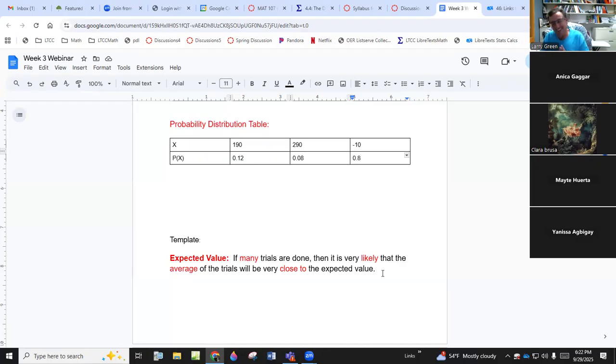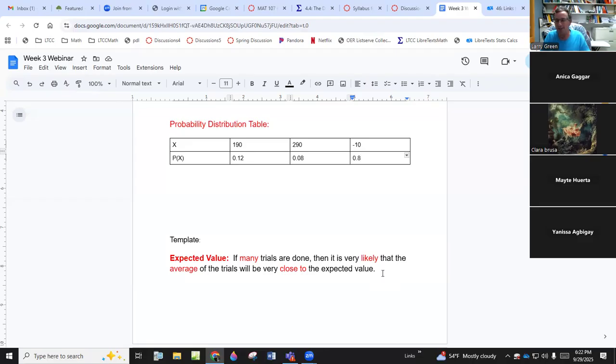Don't just laugh. There's a reason. I need to tell you something. If you didn't hear it, then you could at least see it on the screen, and I highlighted it. If you don't have those words when I ask you to interpret the expected value, then I take a lot of points off.